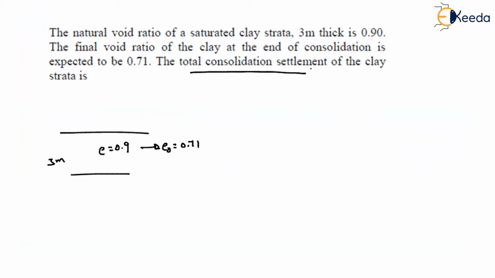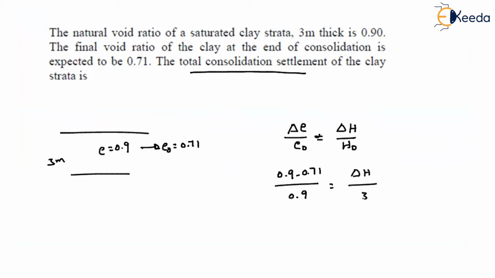So here, you have to recall the formulas, that is delta e by e equals delta H by H1. All these relations we have seen in the class. So what is the change in void ratio? 0.9 minus 0.71. What is the initial void ratio? 0.9. Here delta H is nothing but the consolidation settlement divided by the initial thickness, 3.